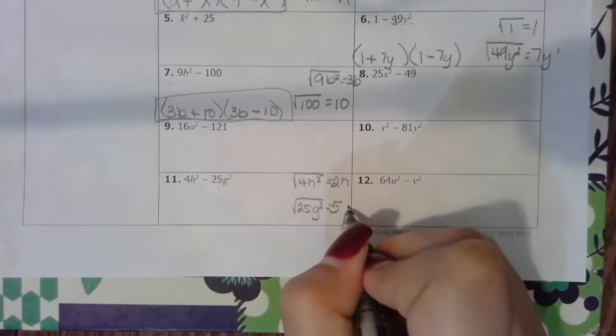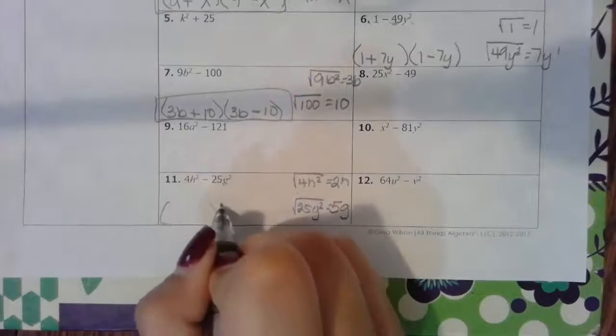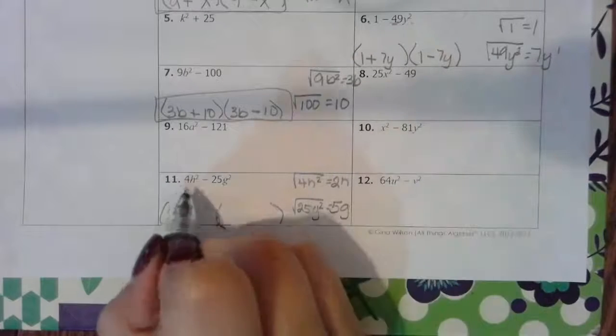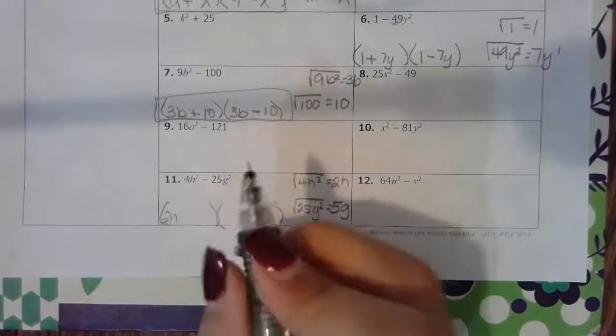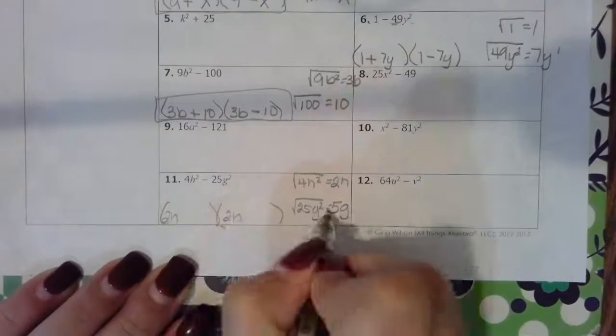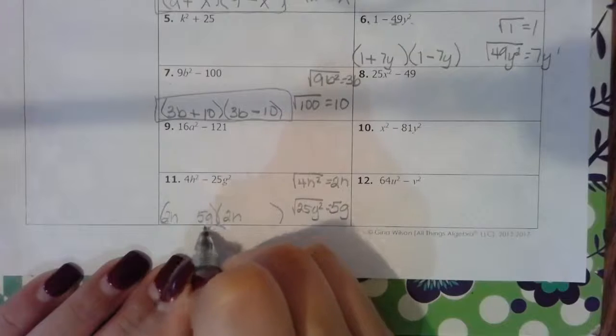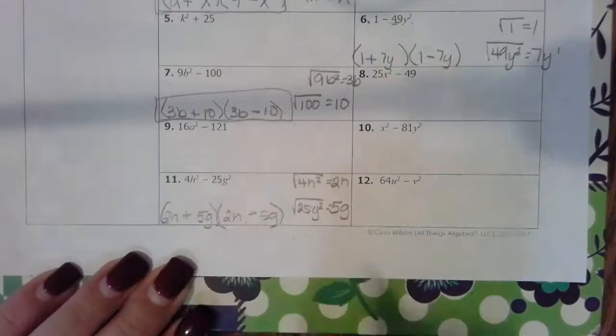And the square root of g squared is just g. So then doing your 2 sets of parentheses, our 4h squared came first, so we would write 2h first. 2h and 2h. Then our 5g came second, so that would come out second. And we need addition and subtraction.